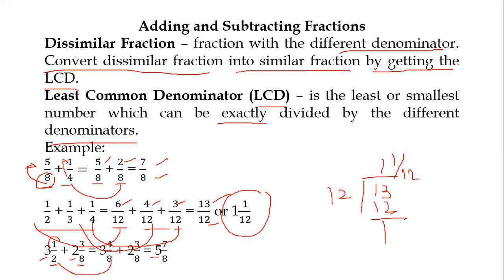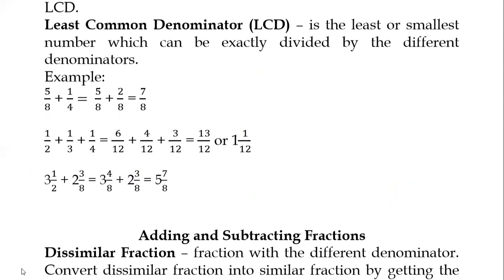So, 8 divide 2 is 4 times the numerator 1, that is 4. And then, 8 divide 8, that's 1 times 3, that's 3. And then 4 plus 3 is 7. And then, yung whole number na 3 plus 2, 5. Yung denominator ay kinopya lang natin. Okay, 5 and 7 over 8. I hope you got it.